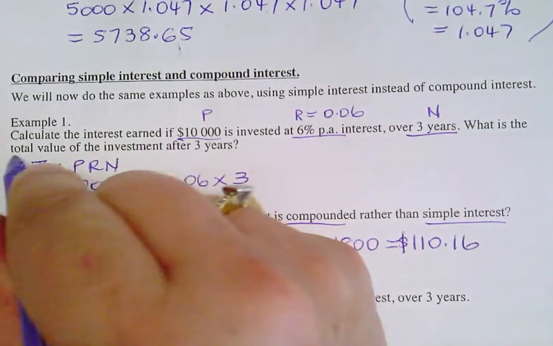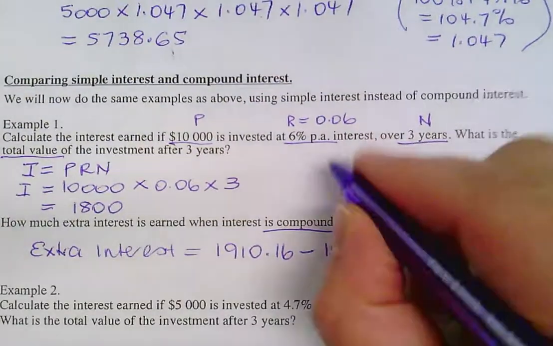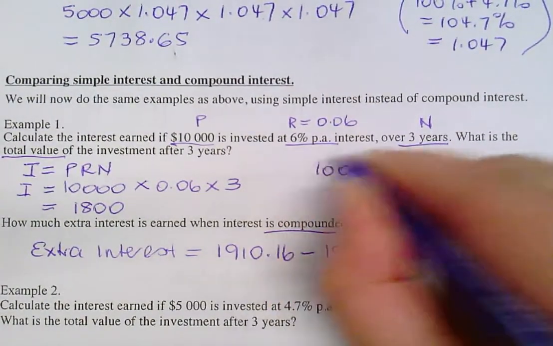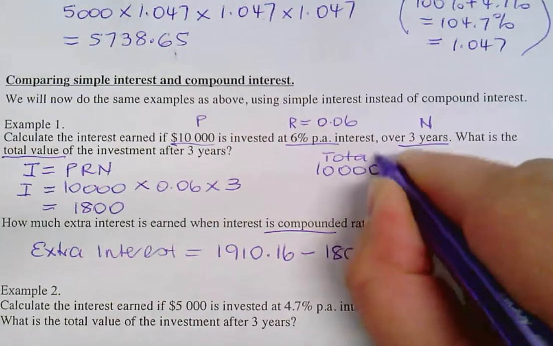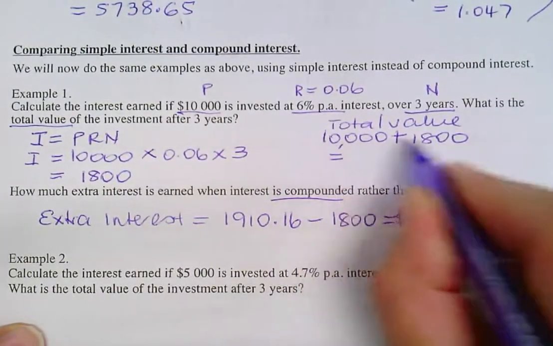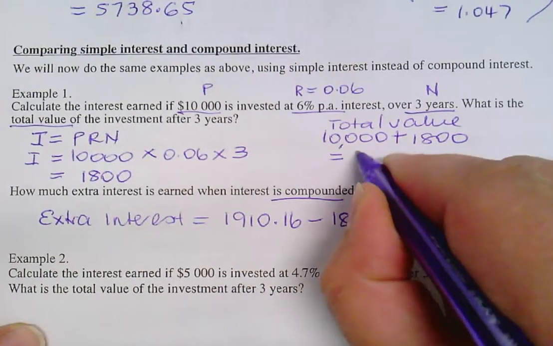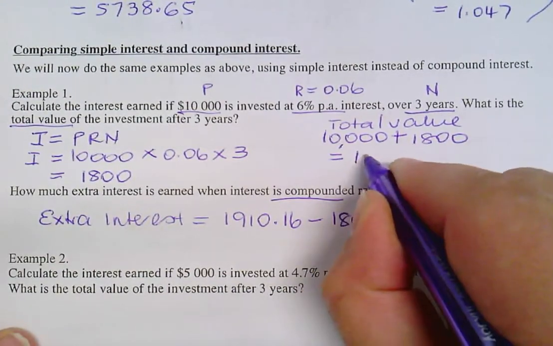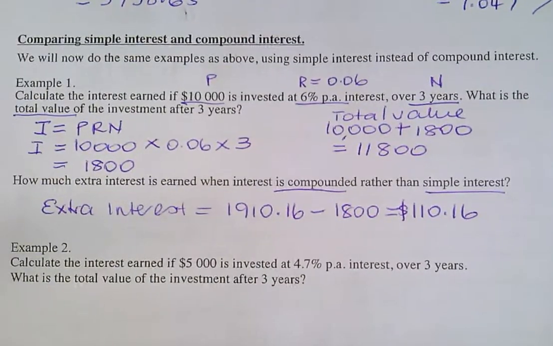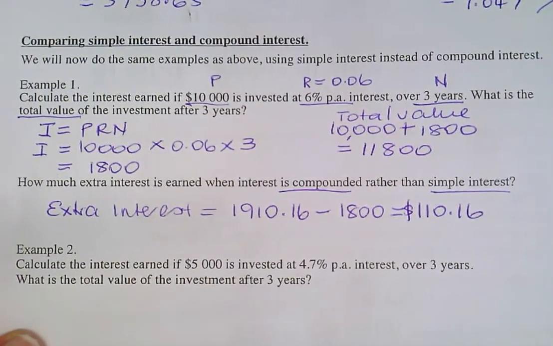The total value of the investment after 3 years is 10,000 plus 1,800, which is $11,800.